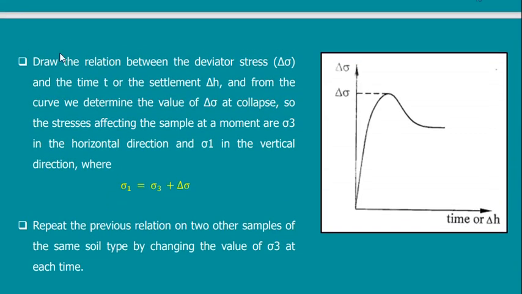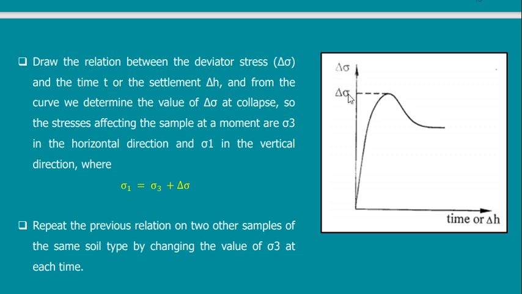Then here you can draw a relation between the deviator stress, the additional stress that I'm adding on top, and the time of the settlement. And from the graph, we determine the value of delta sigma at collapse. I go, where is the failure at this point? Then this is the failure.